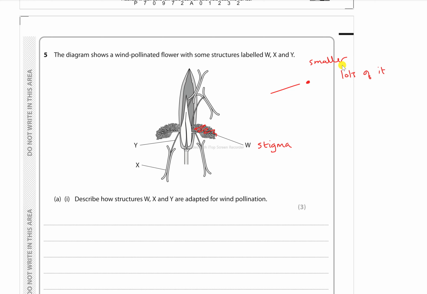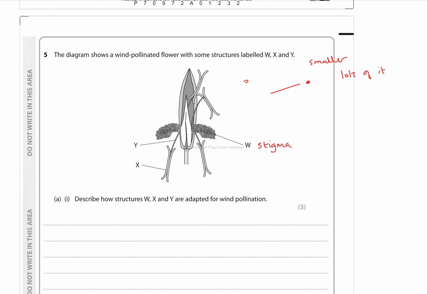It doesn't have to be prickly, it can be smooth. It's a much larger surface area, so it's more likely to catch 1 or 2 or 3. So that's the stigma.